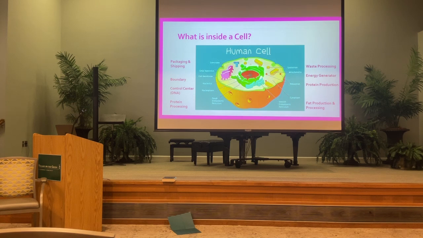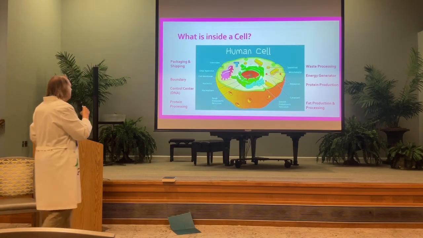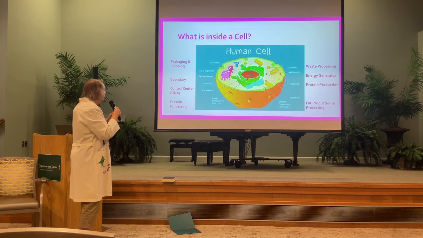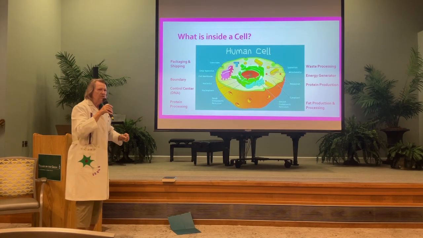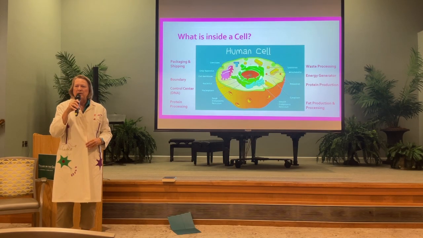So this surface membrane is important for holding everything together so it doesn't explode like a balloon, but also because it attaches to other cells and lets things go in and out. All right, and then the Golgi apparatus does packing and shipping.